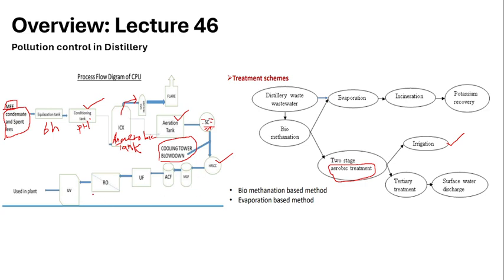So all these are filtration. Okay. After the advanced clarification process, we have the multi-grade filter. MGF is the multi-grade filter, which is composed of different layers. After filtration in MGF, it is again subjected to ACF. ACF here is the activated carbon-based filter. Okay.